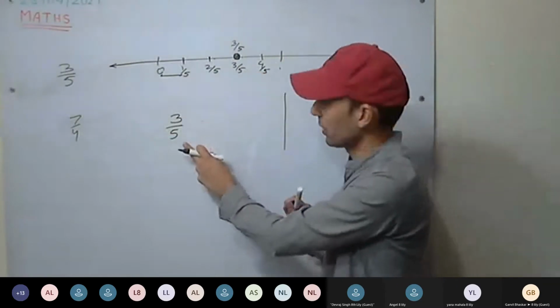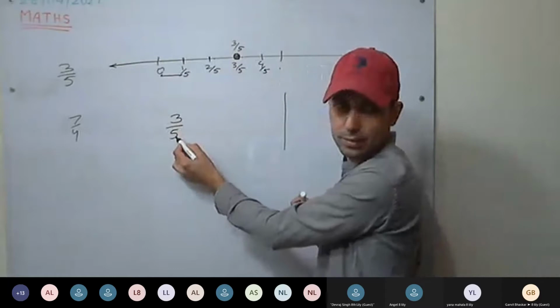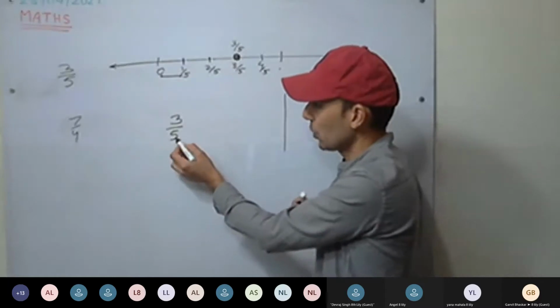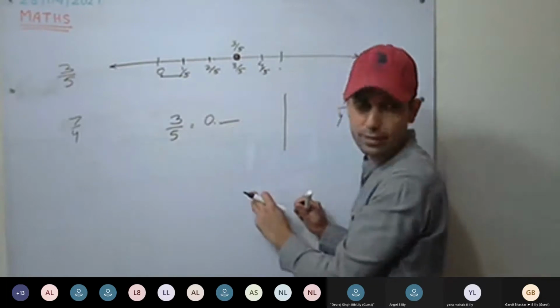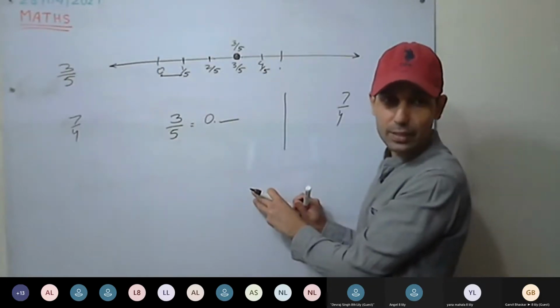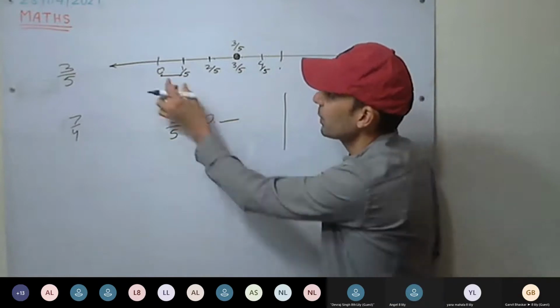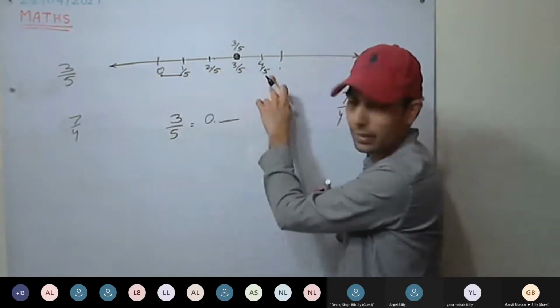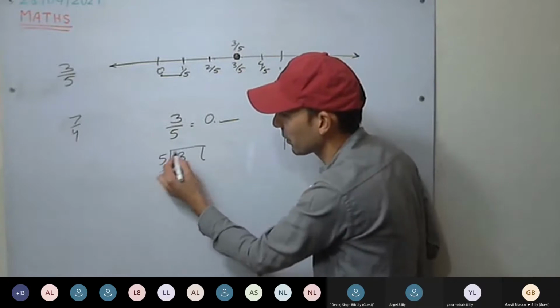First check 3 by 5. It is smaller than the denominator, so in decimal you will be getting 0 point something. Yes, sir. That means it is between 0 and 1. Or you can do it like this: 3 divided by 5.